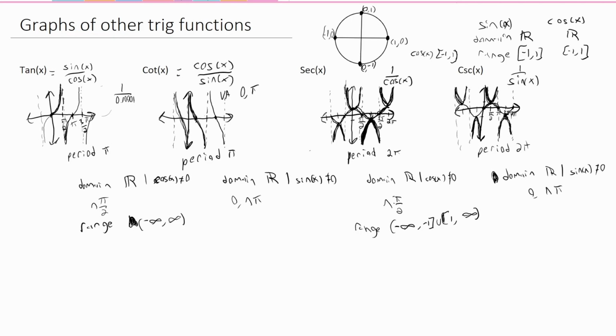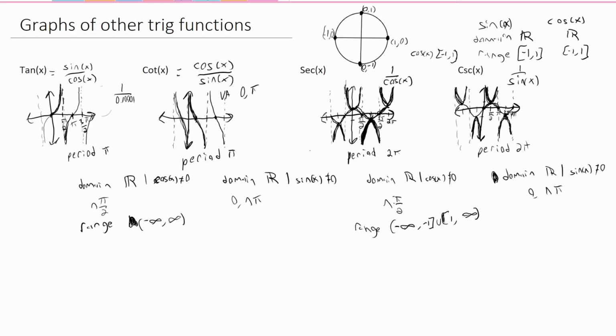And similarly, for the negative values, we can't have values between 0 and -1, by the same logic. So the values for cosine are never going to be greater than -1. And so we're never going to have a fraction for secant that's between -1 and 1.